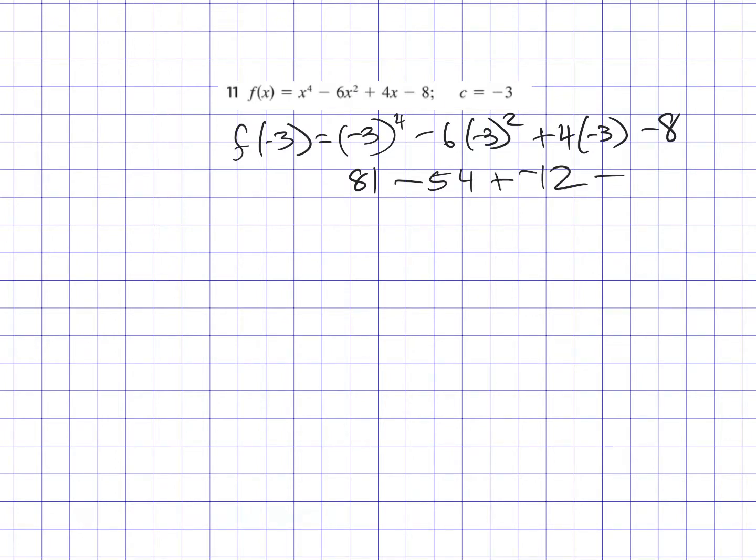That's negative 12. So we get 81 minus 54 is 27... 26. Minus 12 is 14. Minus 8 is 6. So the remainder is 6 when you have x plus 3 as one of your factored forms. That's what that is talking about. All right, let's move on.